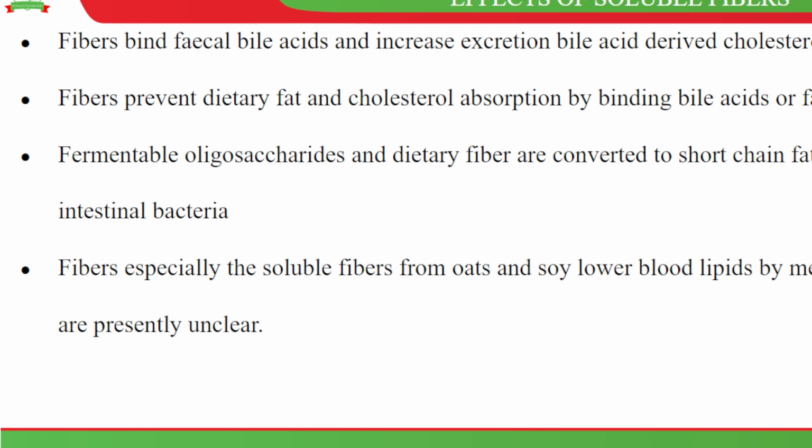Fibers, especially the soluble fiber from oats and soy, lower blood lipids by mechanisms that are presently unclear. It's not so clear how soluble fiber lowers these lipids, but the binding part of it is what has been explained and emphasized here today.